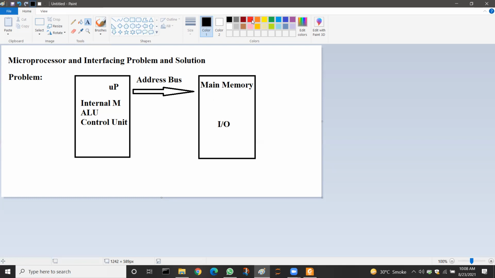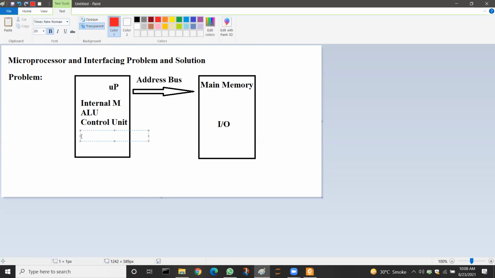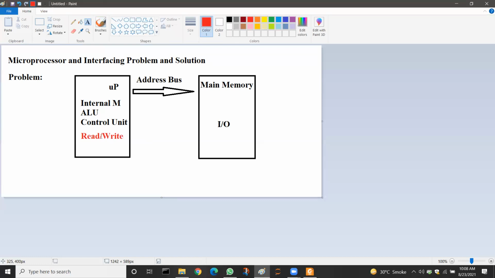There are two operations. Let me write them here: read and write. Whenever we talk about the read operation, the microprocessor is the central or control element. Therefore, whenever we talk about read and write, we primarily look at the microprocessor as a reference.